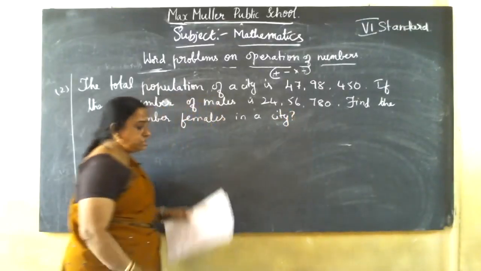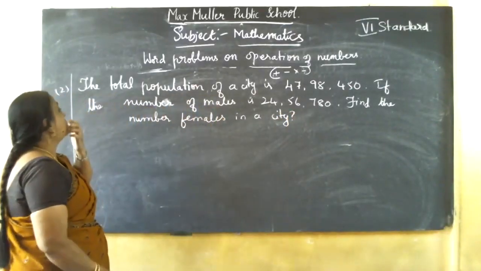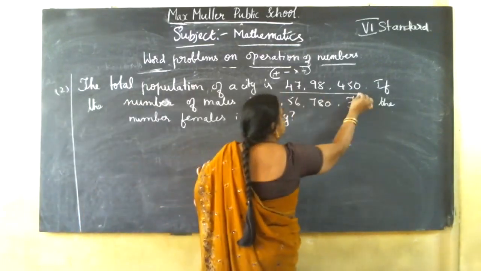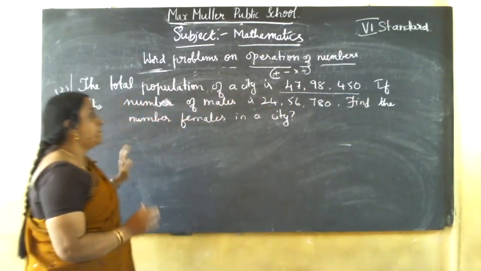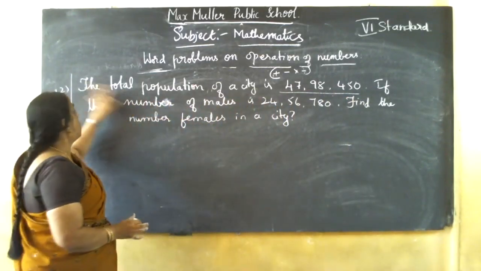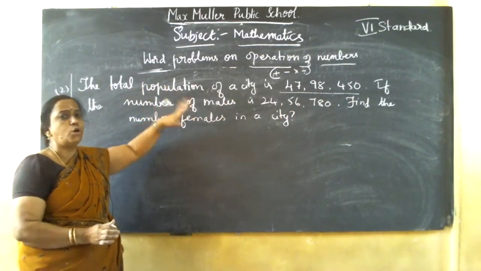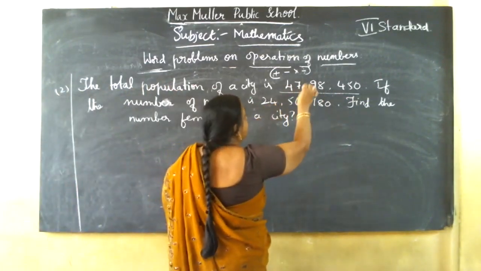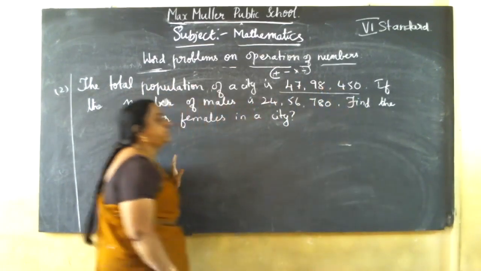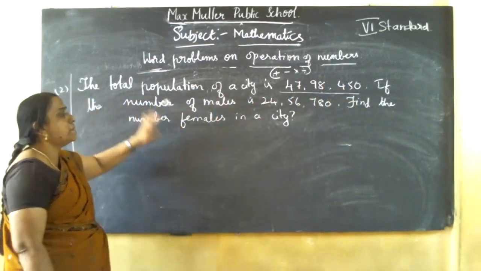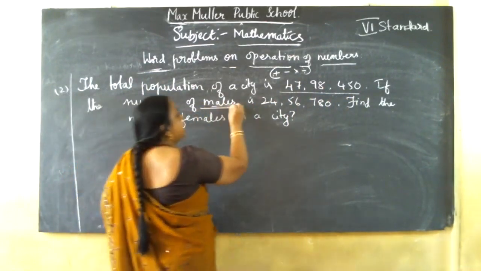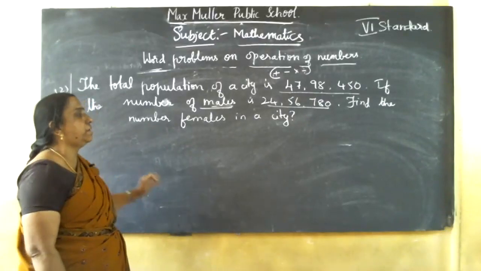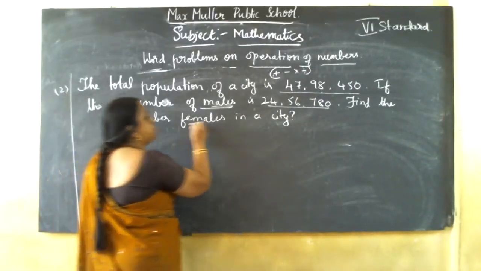First, I'll read the question. Here, what they have given: the total population of the city, all together, male, female, kids. Total population is 47,98,450. If the number of males is 24,56,780, find the number of females. They have given the total population and the males.